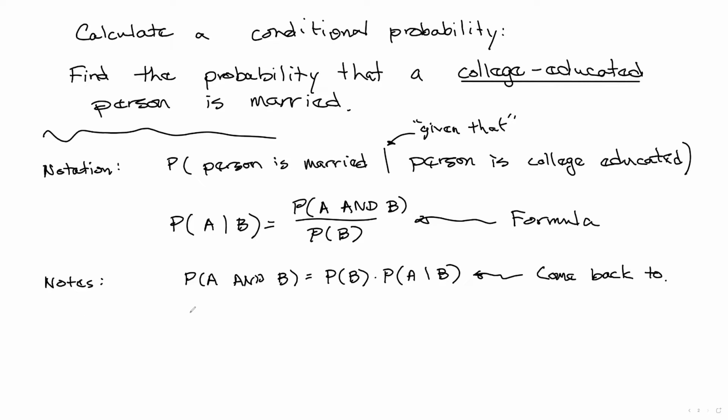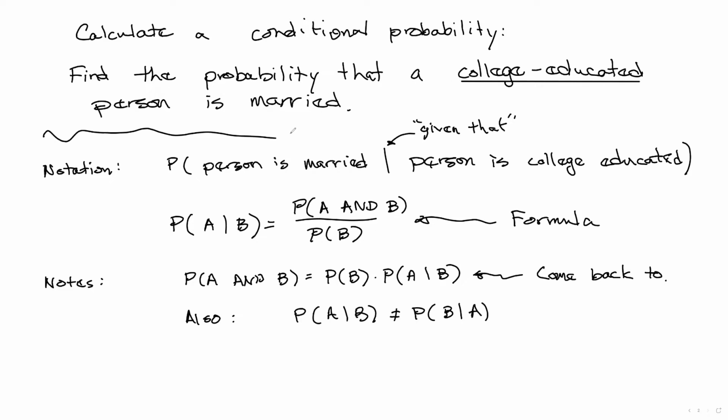Also, these are places where students sometimes get confused. The probability of A given B is not equal to the probability of B given A. It's important to know. It's maybe not obvious, just because we're used to math, where frequently there are properties that say these kinds of things are true. This is not one of those cases. If you actually think about what these are saying, pick an example.